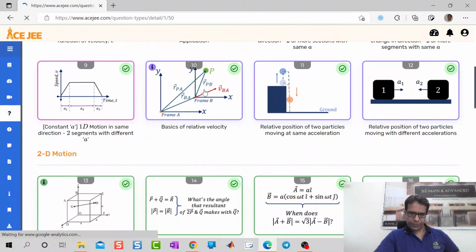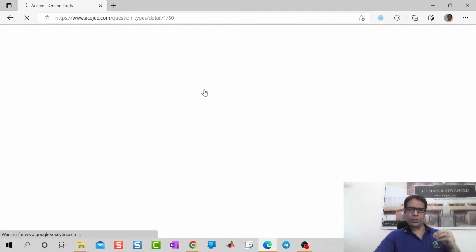So basics of relative velocity, we have already spoken about the relative velocity and what it means. When we say relative velocity, we are referring to velocity of one particle with respect to another moving particle, right?